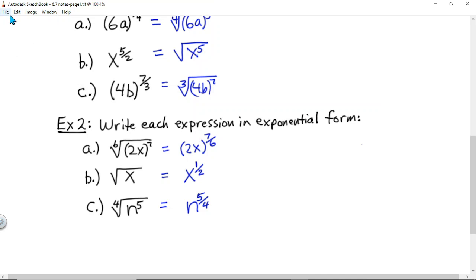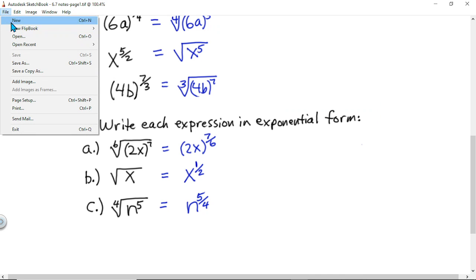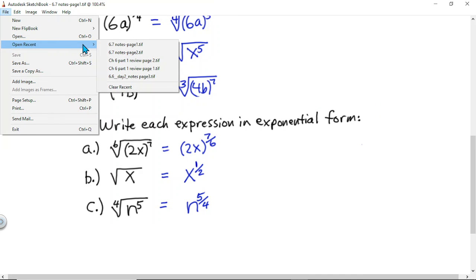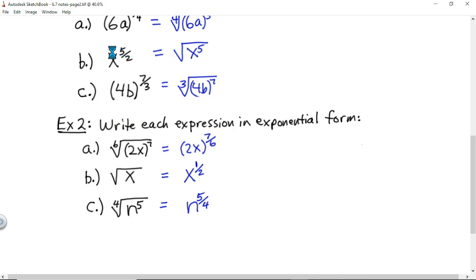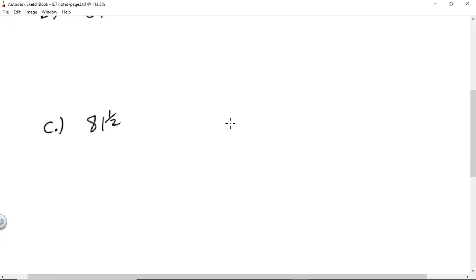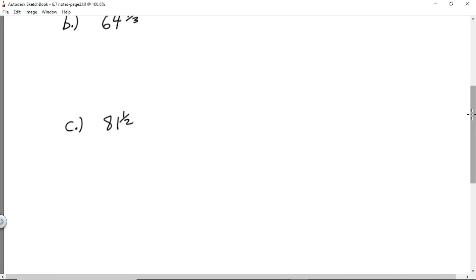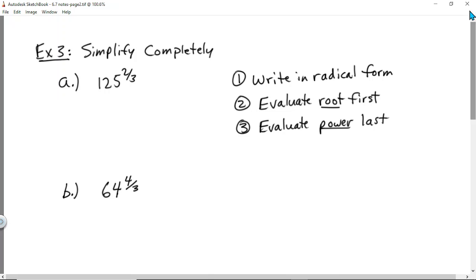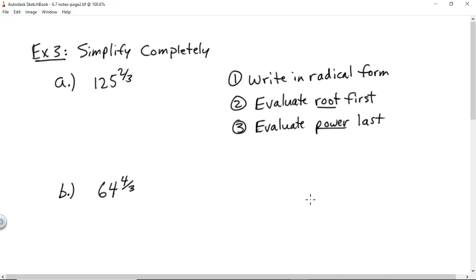So now we're going to look at some examples of simplifying some of these. Okay, so we have these, they're in exponential form, and we're going to simplify these, and in the process we will first write them in radical form and then we will simplify them.